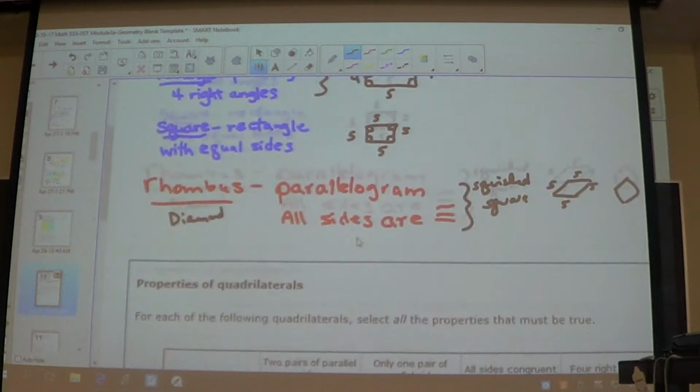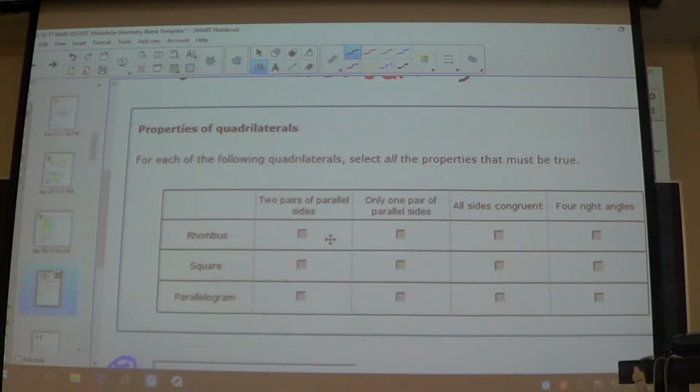So if I come down here, that rhombus is a squished square. If I take my square and I squish it, 5, 5, 5, and 5, does it have 2 pairs of parallel sides? Is the top and bottom parallel? Is the left and right parallel? Yes.